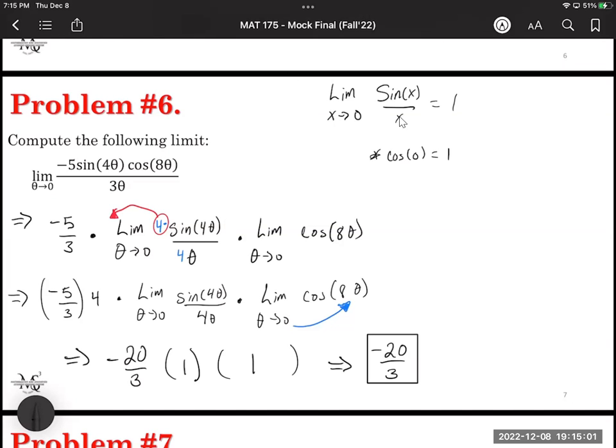I knew that I needed to use my special limit eventually. So by splitting it up, you were able to play around with it algebraically, so that when you eventually get something like the limit as theta approaches 0 of sine 4 theta over 4 theta, it's going to be 1.